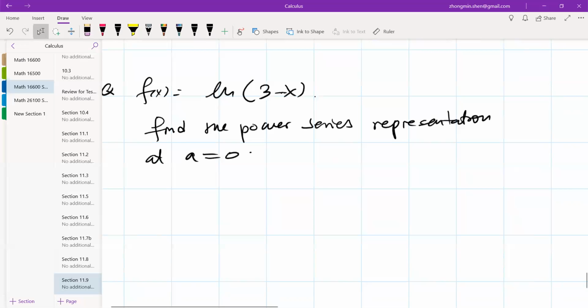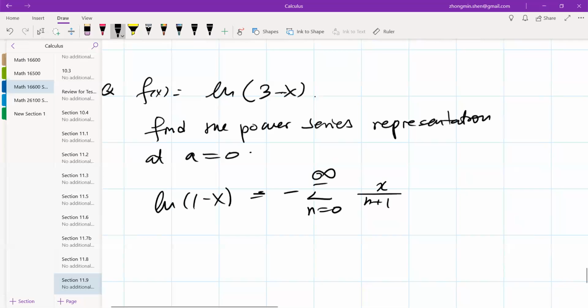Natural log of 1 minus x is going to be negative, the sum of x to the n plus 1 over n plus 1. We get that by integrating on both sides.